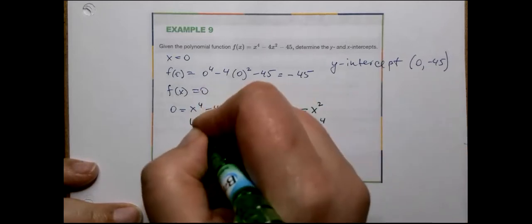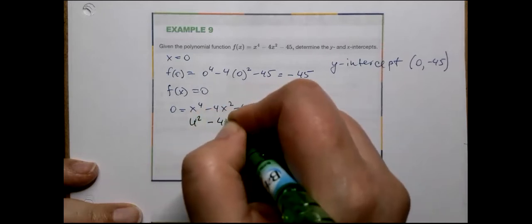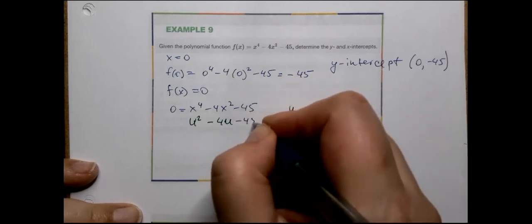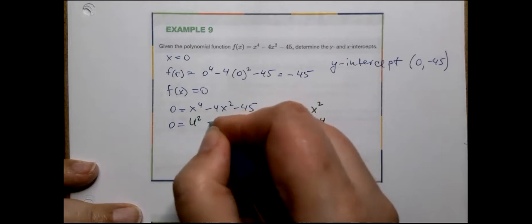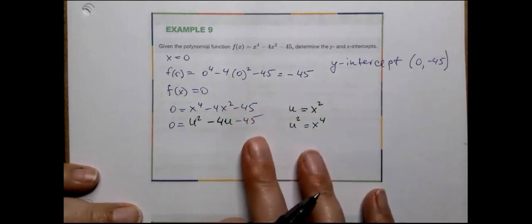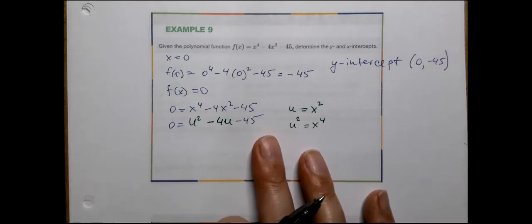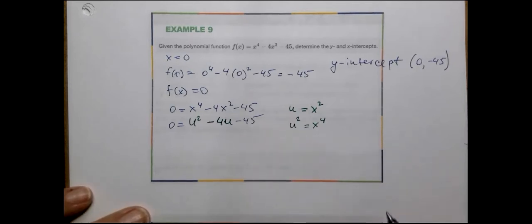We're going to have u squared minus 4u minus 45 equals 0. And hopefully you see that now it became a quadratic equation, and therefore we may be able to solve it by factoring.